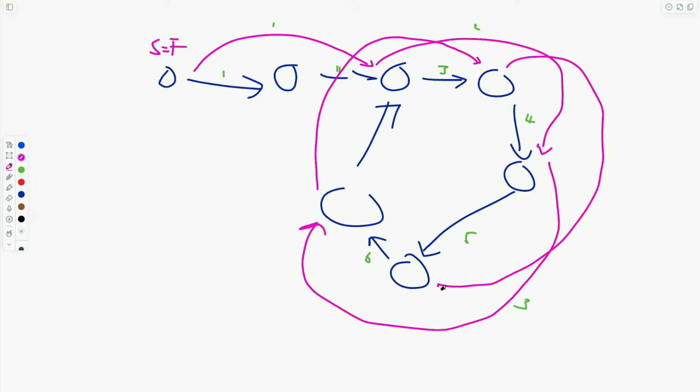But now this will be 5, T5, fast. So at T5, they both meet at the same node, and that is how you detect the cycle.